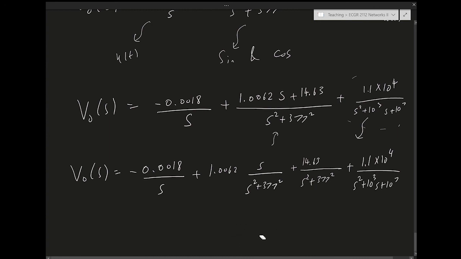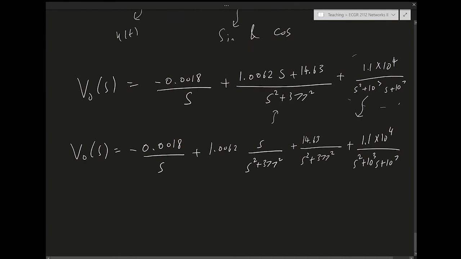Okay, so we know how to do the inverse Laplace transform of all of those expressions. So this is going to be minus 0.0018 u of t. This is going to be 1.0062, and this is s over s squared plus omega squared. So this is going to be cosine 377 t u of t.